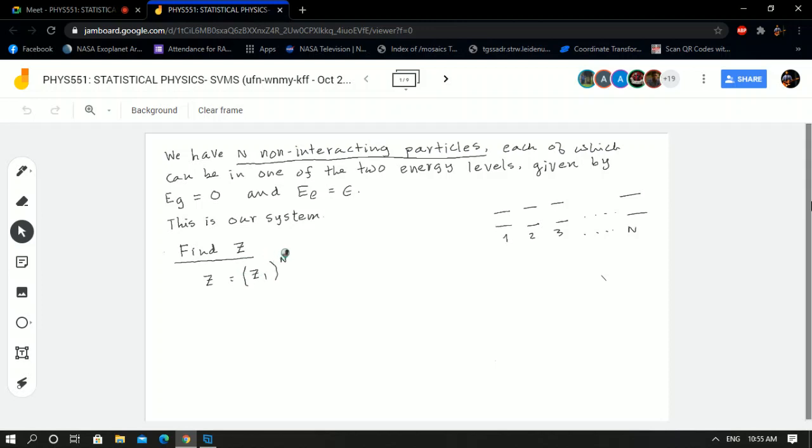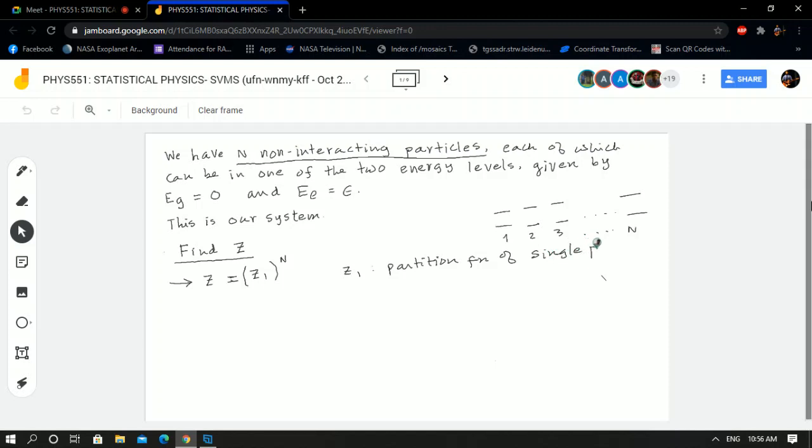This is always true, where Z1 is the partition function of a single particle.